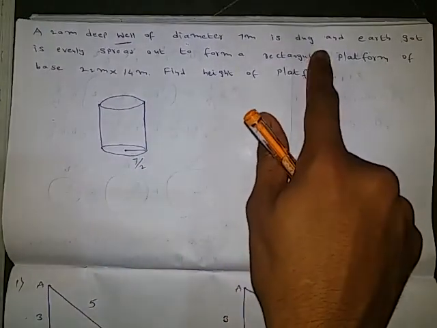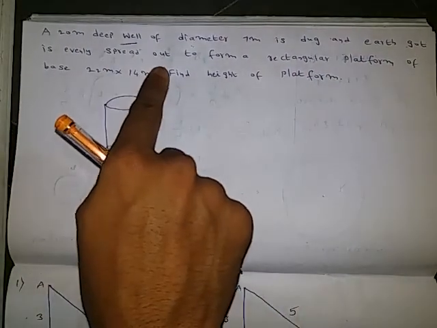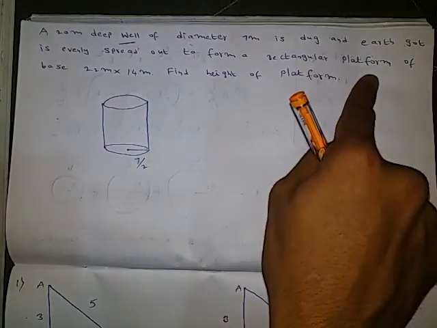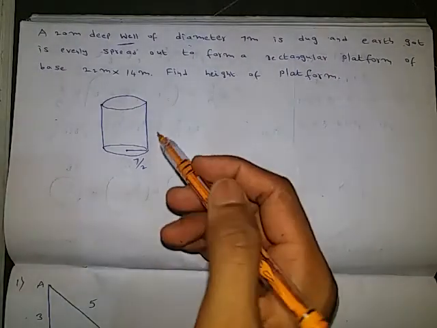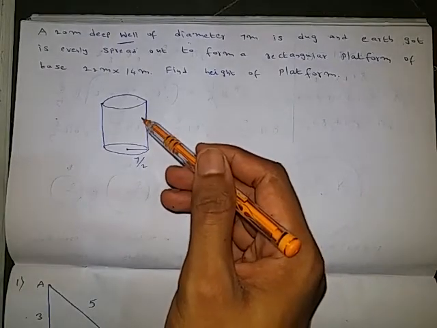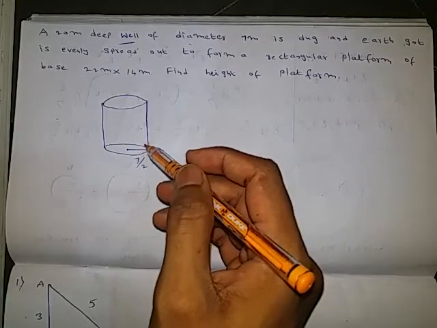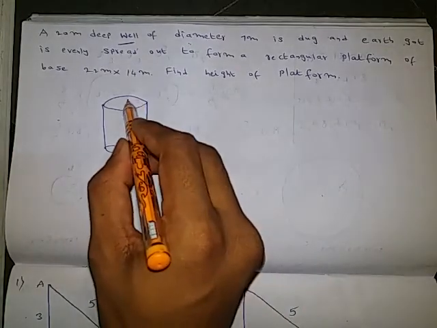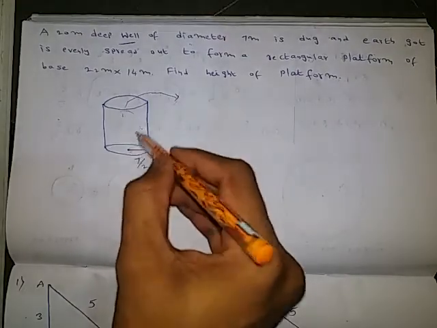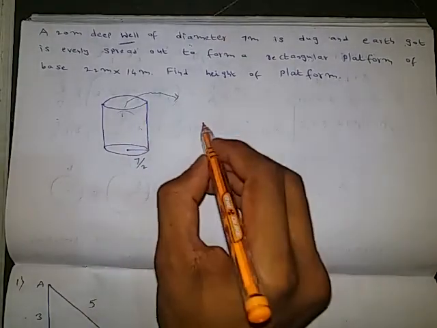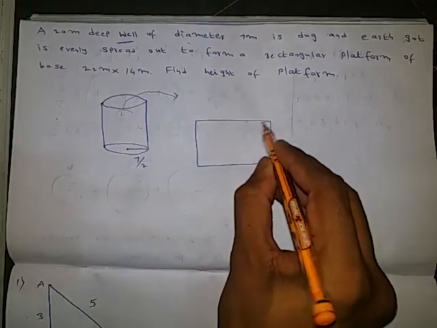It is dug and the earth got is evenly spread out to form a rectangular platform. He dug one well, and whatever soil or mud or earth comes from this well, he threw outside, in the shape of a rectangle.